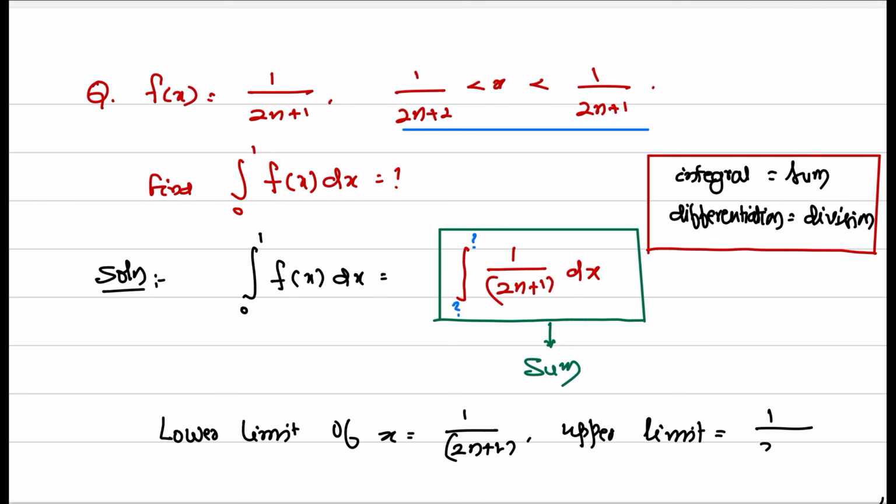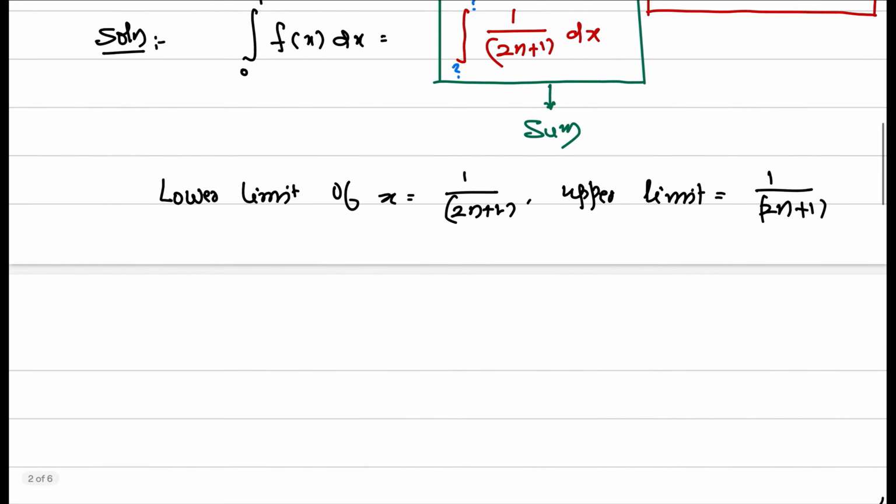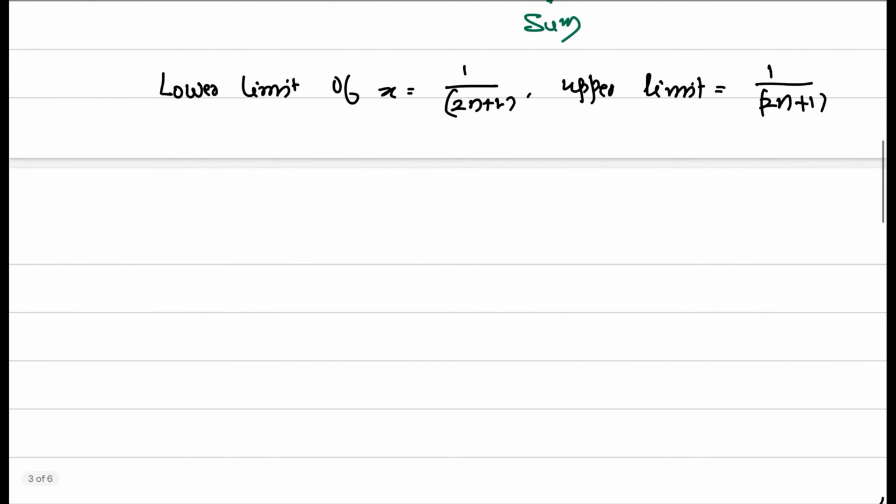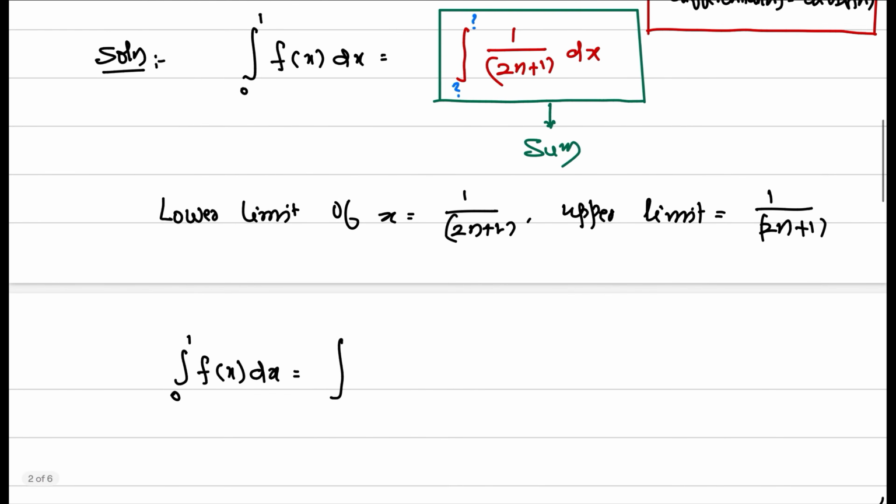Please try to understand the concept first. Don't worry about the answer. Let us go step by step. Because it's not a simple example in terms of x, this can be written as, shall I replace the lower limit of x and upper limit of x, when I replace the function by 1 by 2n plus 1, dx I will keep as it is.